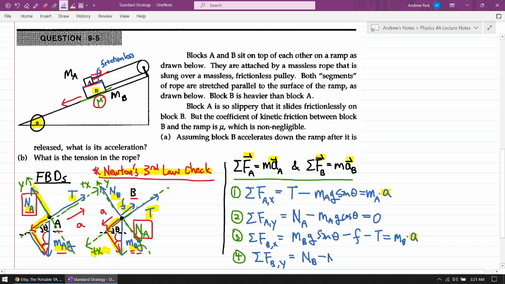So minus N_A. And finally, we have the y component of the gravitational force. And again, given this angle theta, the y component is the adjacent side. So it's minus m_B g cosine theta. And that's again equal to 0. Okay, let me leave the solution steps for your practice.